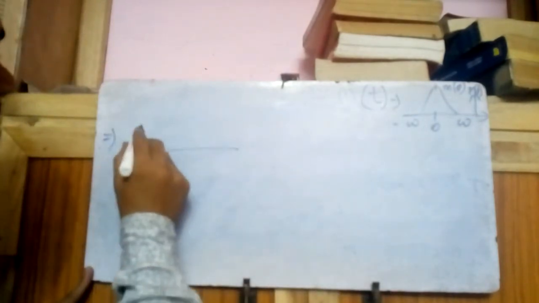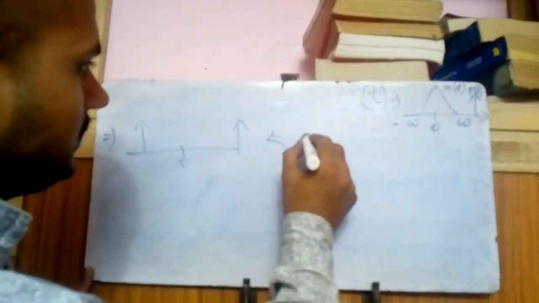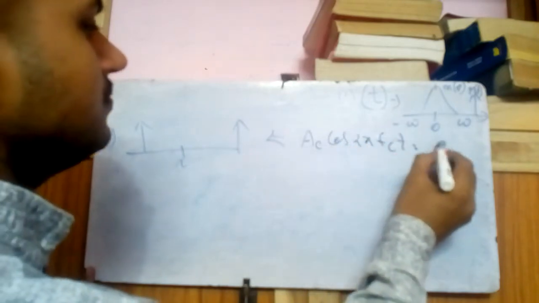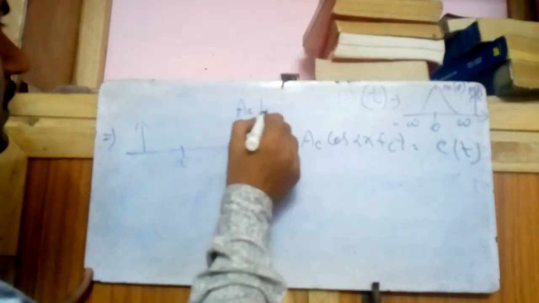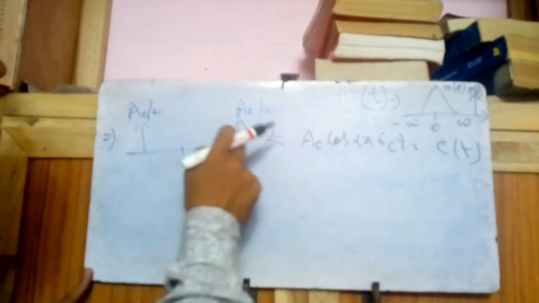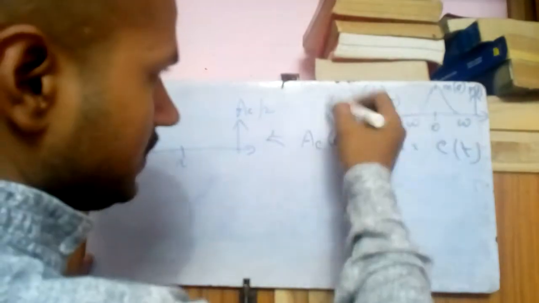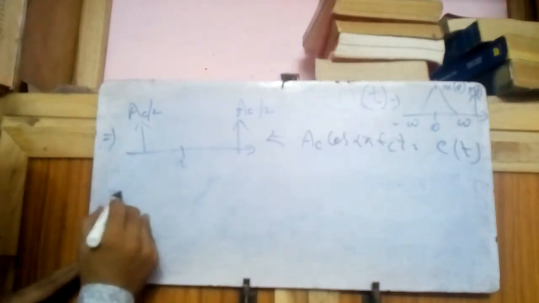And the carrier will be Ac cos 2πfct, and the frequency spectrum will be Ac/2 impulses, right? Here the bandwidth of the message is omega minus 0, which is omega.